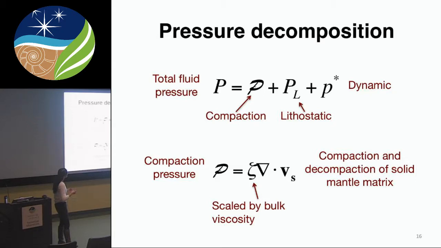It's pretty much the compaction and decompaction of the solid matrix. So you can think of that as, if I'm expanding, I'm creating pore spaces that allow melt to move through. And it's scaled by the bulk viscosity, which is how resistant the solid mantle is to this expansion and contraction when melt wants to come through.